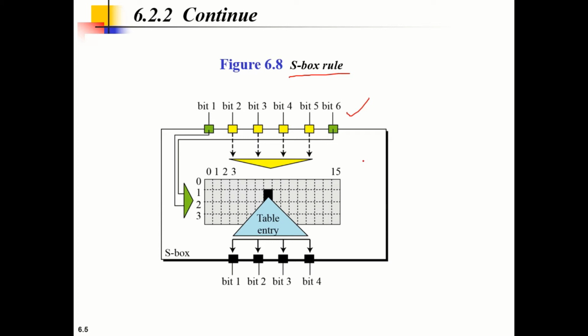We will consider the first bit and last bit of the given block to find the index of the row, and the middle 4 bits will be used to find the number of the column. So using these 6 bits, we'll have a value for the row and a value for the column.